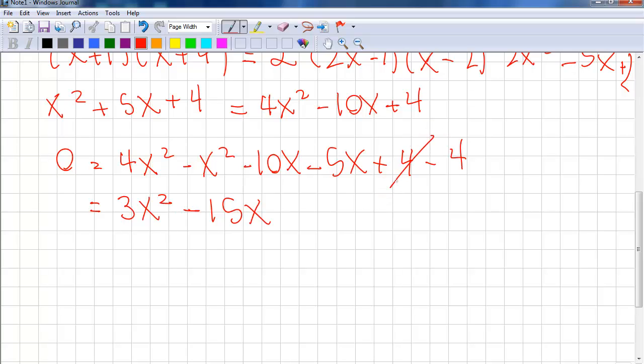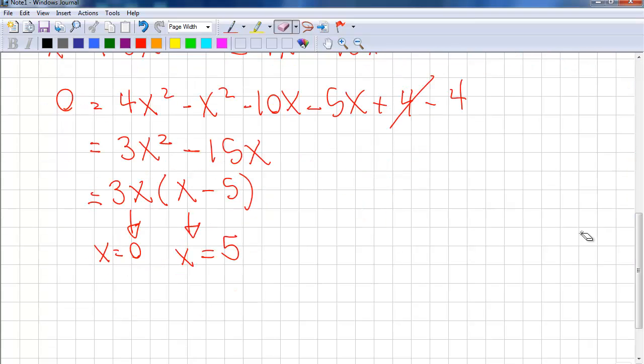Okay, so what we want to do next is factor this. So when we look at this equation, we know we can factor a 3 and an x out. So 3x, and what we're left with inside is x minus 5. And now to find the value of x, we know this one's going to be x equals 0, and obviously this one's going to be x equals 5.